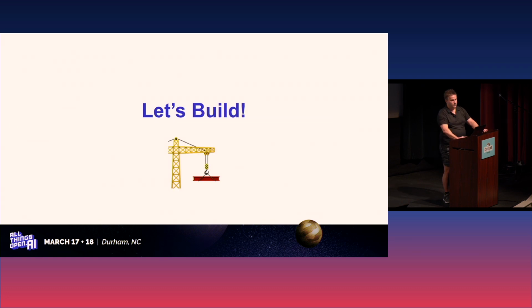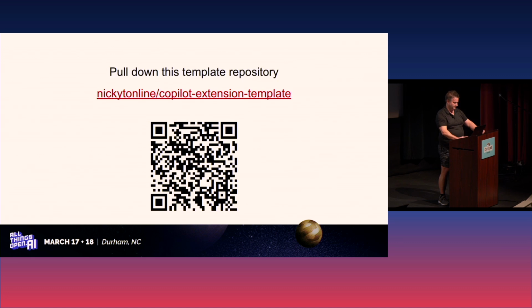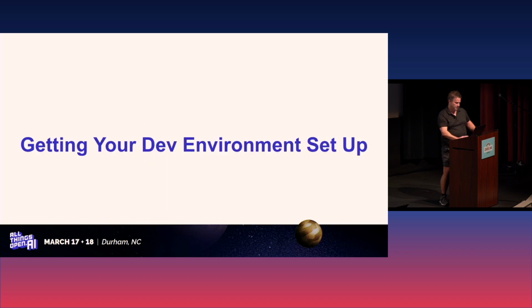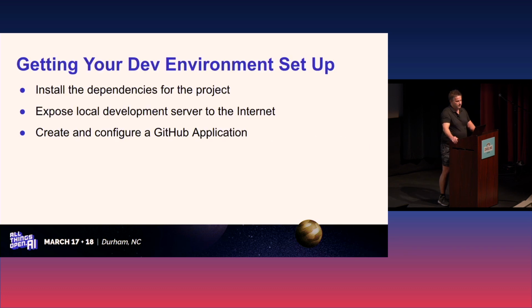OK, so let's talk about building. So here's the Copilot extension template, I should say. This is the preview SDK, and we're going to dig into these things, don't worry. And we're going to just work on getting your development environment set up. So there's a few things you need to do. With the template, we'll obviously install the dependencies.